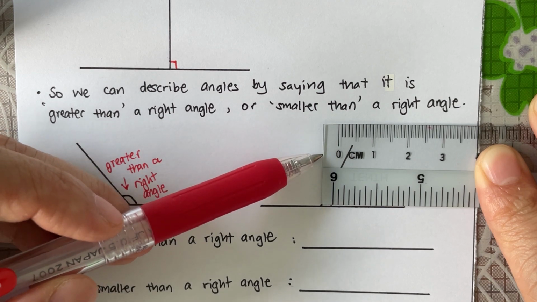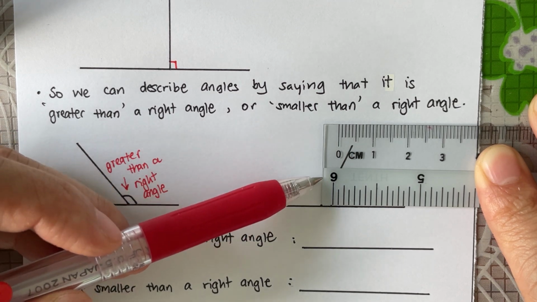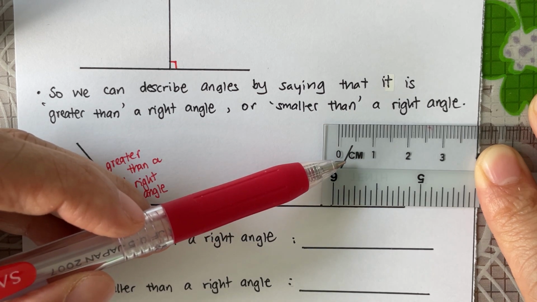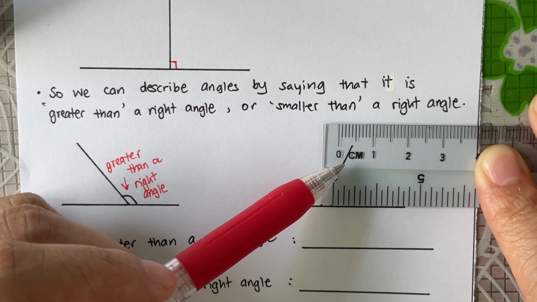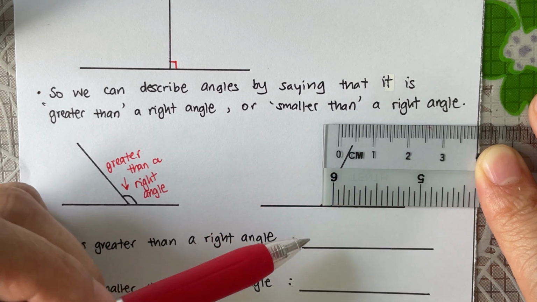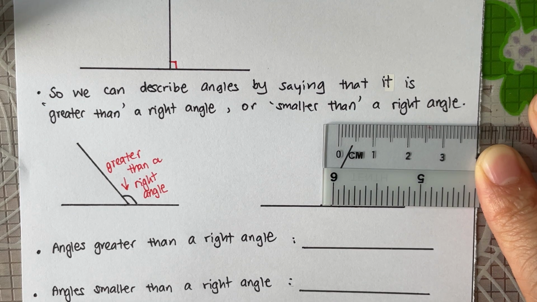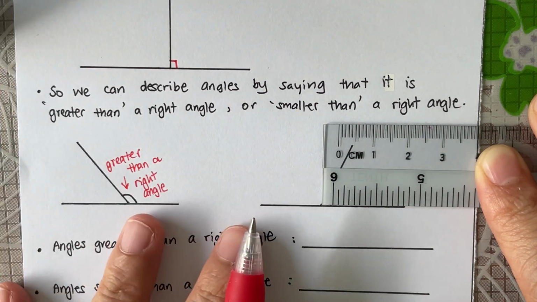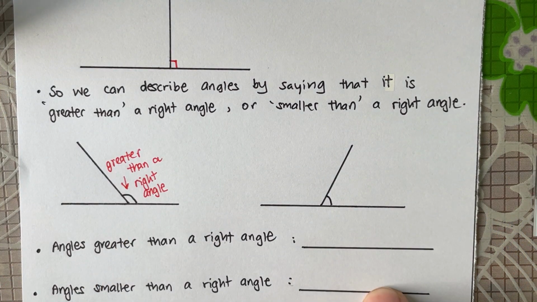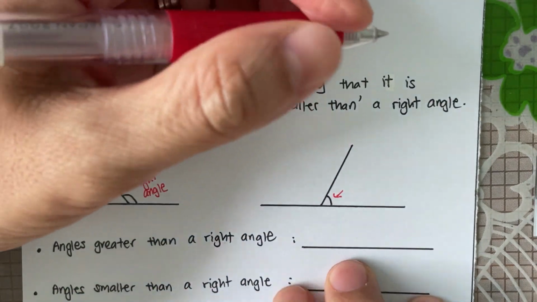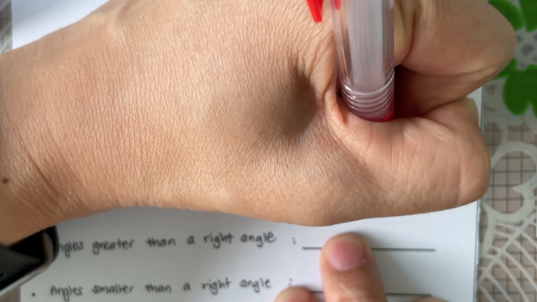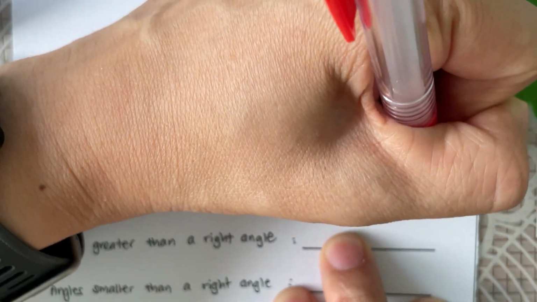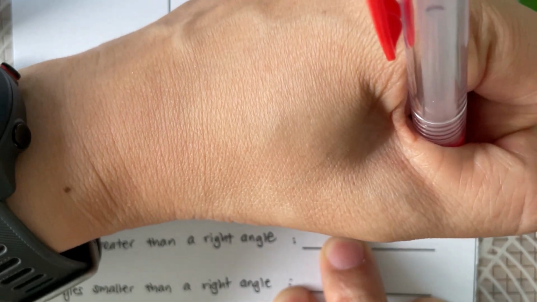To make a right angle, the other line has to match this side of the ruler. But you realize that the other line seems to be coming in, yeah? So it does not look like this is a right angle, definitely. It does not look like it's greater than a right angle. This is smaller than a right angle. So I'm going to write it down, the description being smaller than a right angle. Like that.